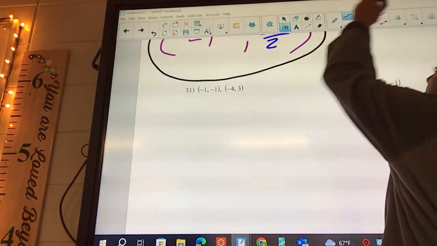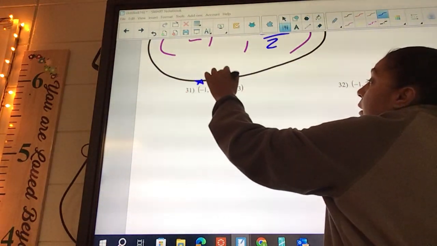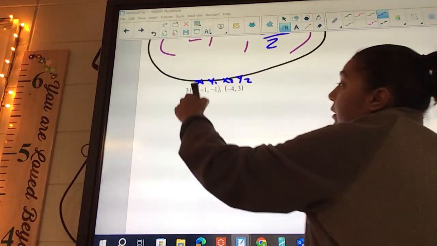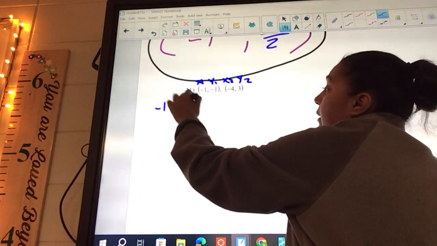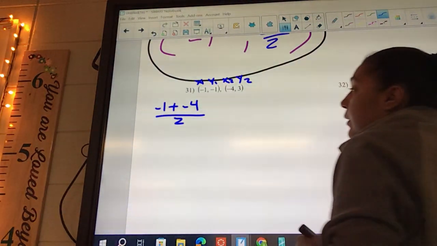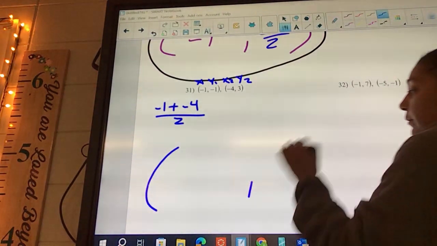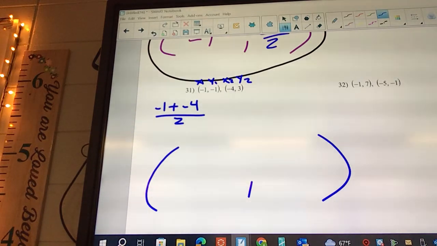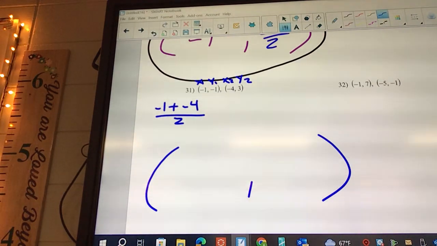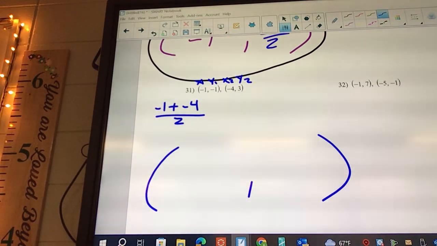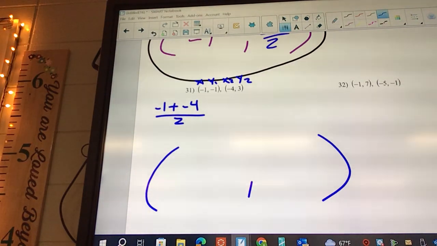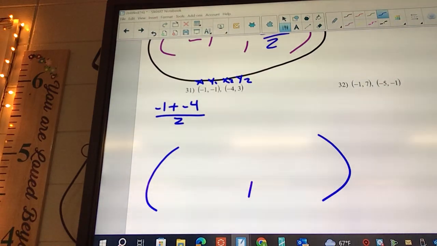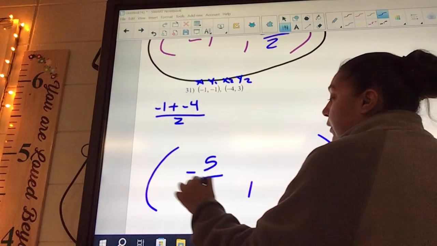Okay, 31, we're going to say x1, y1, x2, y2. So this is going to look like -1 plus -4 over 2. Okay, and what did you get when you typed that in? When you're typing these in, you have to push this button first, and then type it in just the way it looks. -5/2.